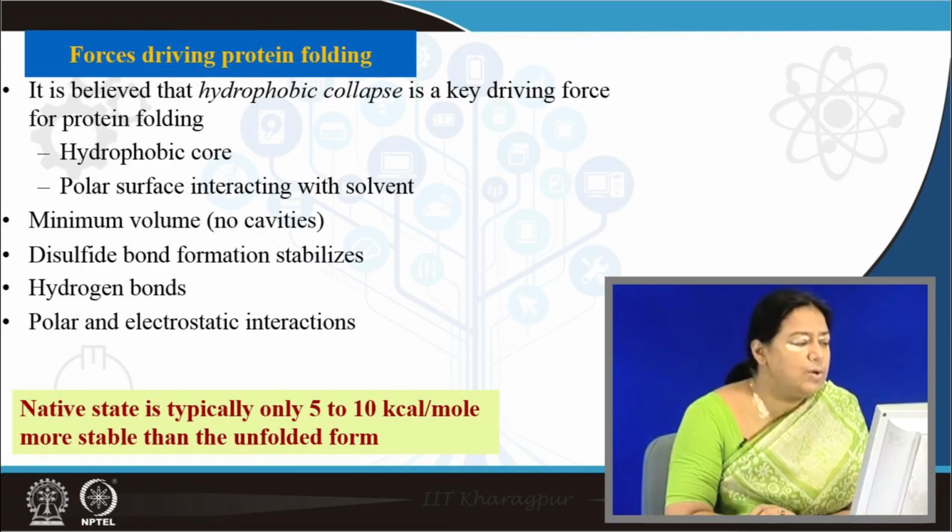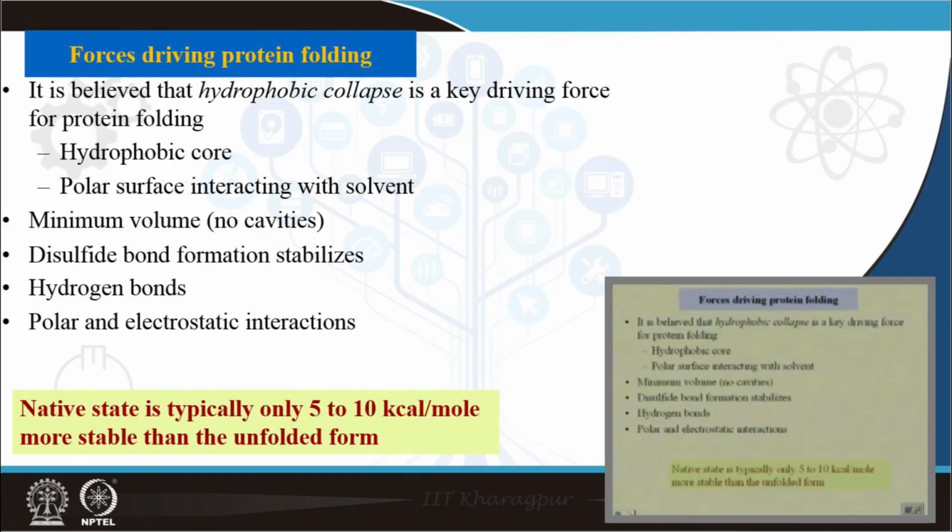So initially you are going to have a collapse, the polar surface is going to interact with the solvent, and we are going to have gradual formation of the alpha helices. There may be another case where the alpha helices are formed first. So there would be local interactions first, followed by gradual collapsing of the overall structure.